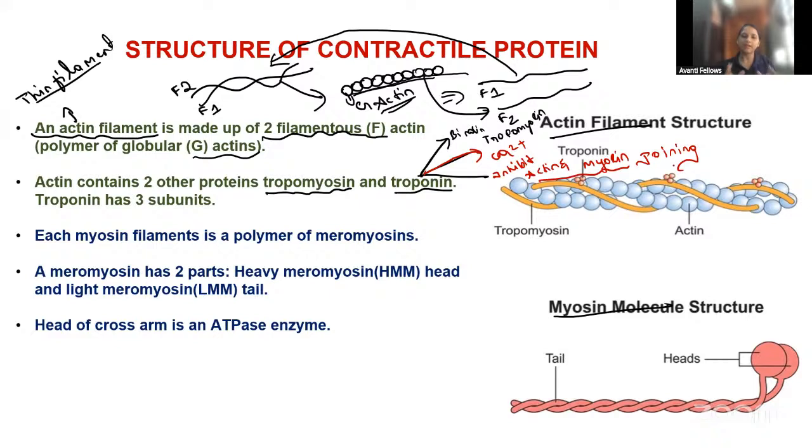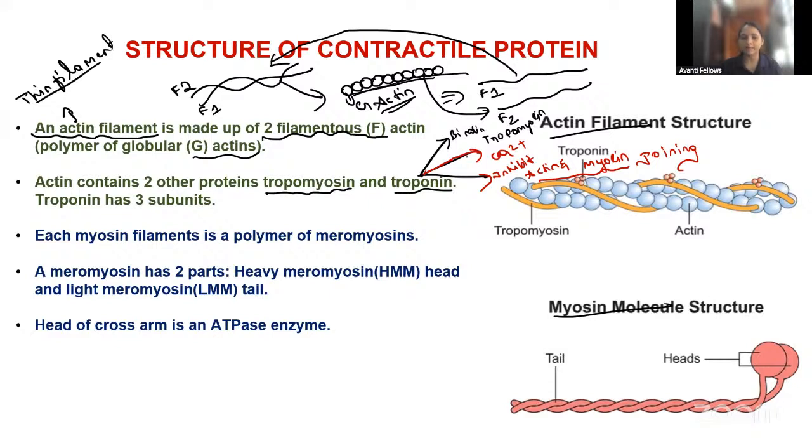During muscle contraction only, this actin and myosin have to slide, right? Or come in contact. Whenever the contraction is not happening, at that time this myosin should not come in contact with the actin, right? For inhibiting that, the third subunit of troponin is going to bind to this actin.